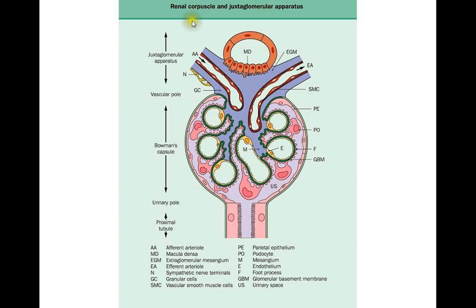Again, here we have afferent arteriole, efferent arteriole, extraglomerular mesangial cells, intraglomerular mesangial cells. Both are shown in blue. These are juxtaglomerular cells or granular cells.